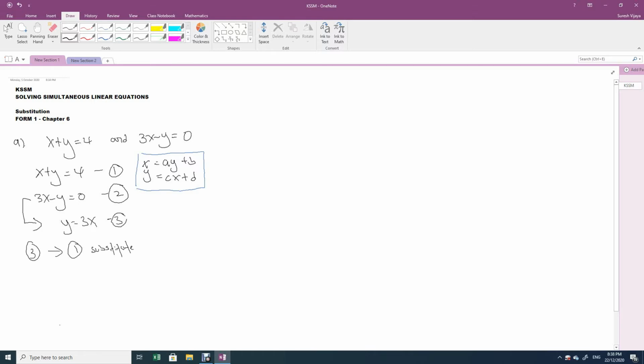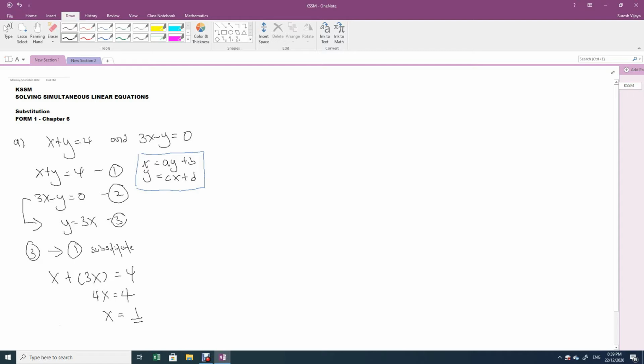So we have x plus y equals to 4. You have to rewrite equation 1 and substitute y equals to 3x for the y in equation 1. So we will have 4x equals to 4, x will be equals to 1.